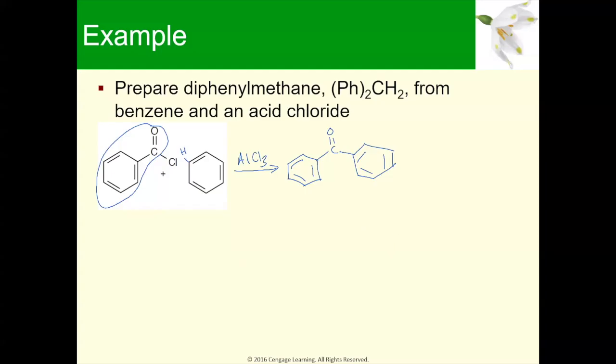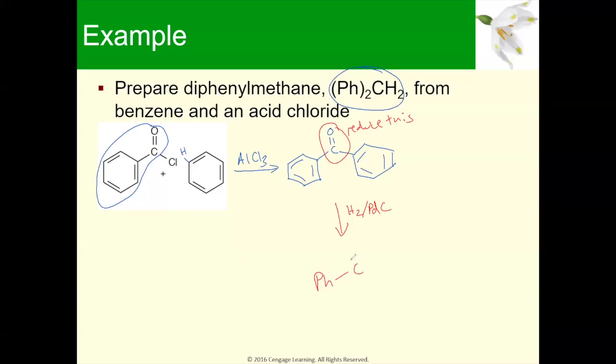But I'm not done, because what I ultimately want is diphenylmethane. So I need to reduce this. And you can just do that with your typical reducing conditions, H2 over a palladium catalyst, maybe palladium on carbon, where carbon particles have been coated with palladium metal, something like that. And it just reduces it down to, I'm just going to abbreviate here, phenyl.